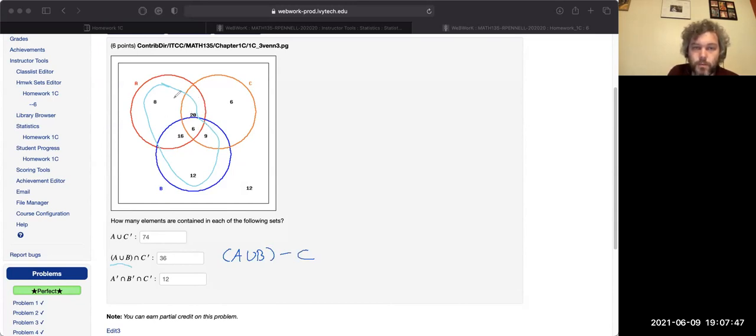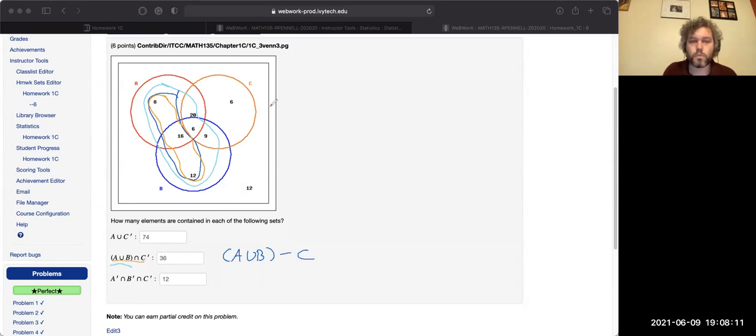I don't want them. So I think it's these numbers here, maybe not the best color to pick. There you go. These numbers would be A union B minus C. We're taking C away.